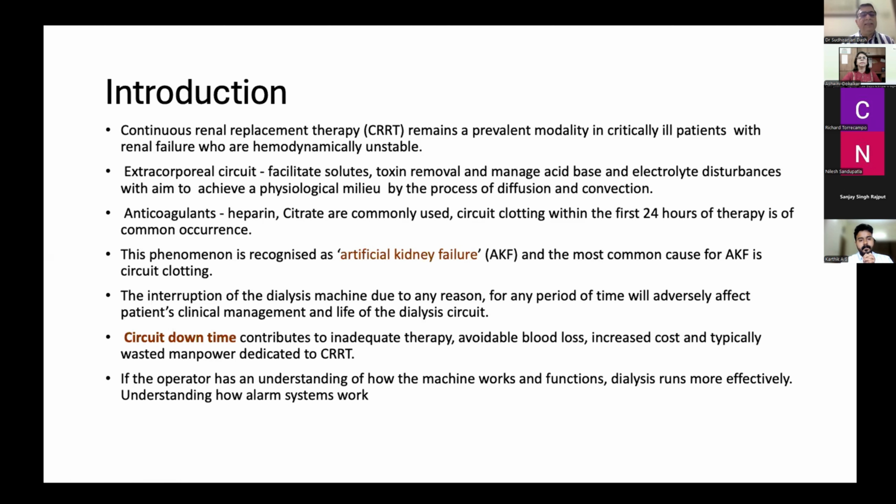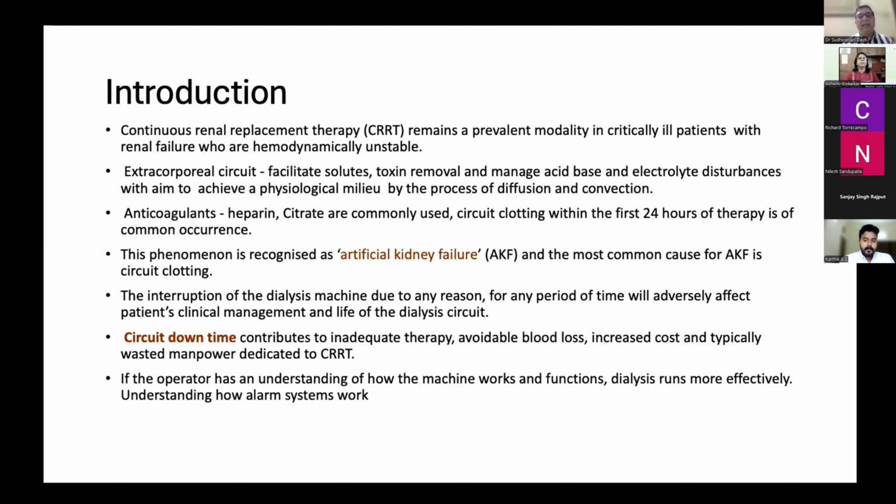So CRRT is a process where we utilize the extracorporeal circuit, and it is a very slow process which tries to achieve a physiological milieu by the process of both diffusive clearance and convective clearance of the solute.